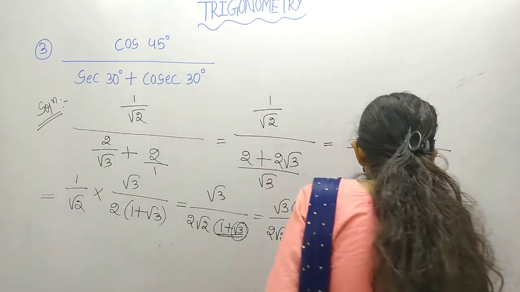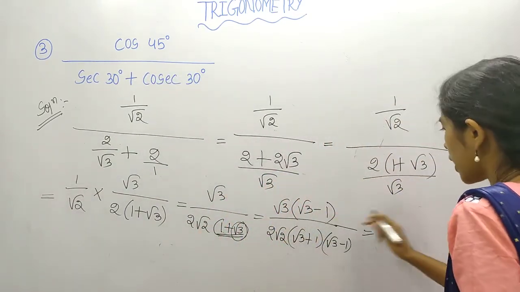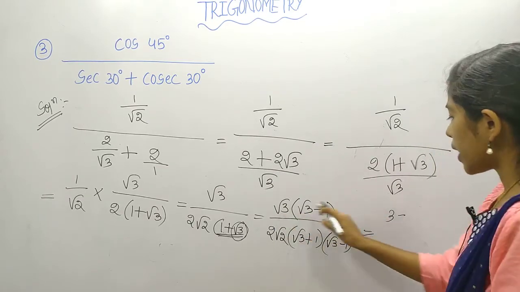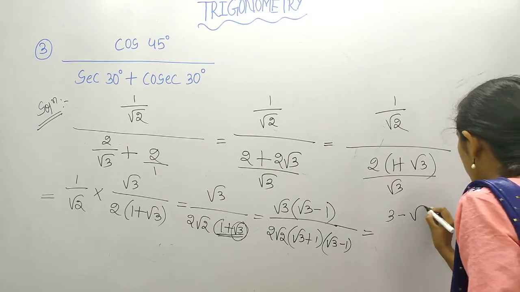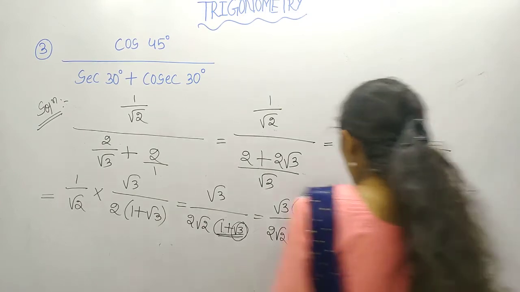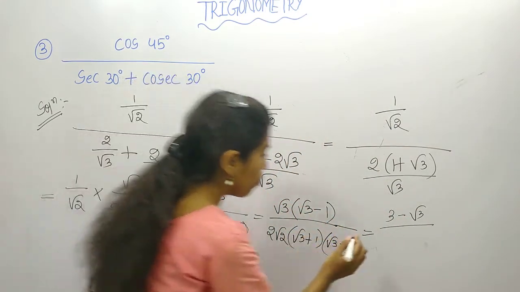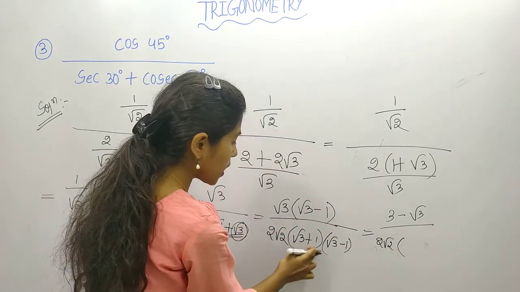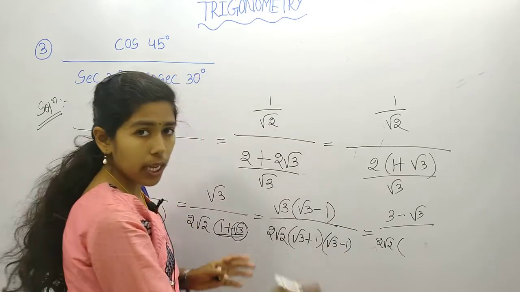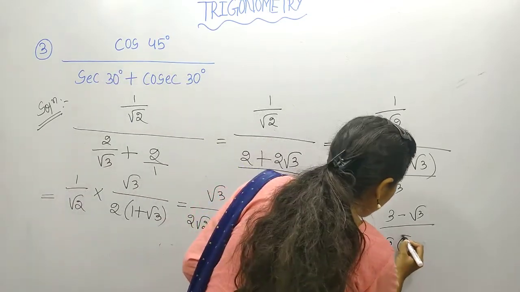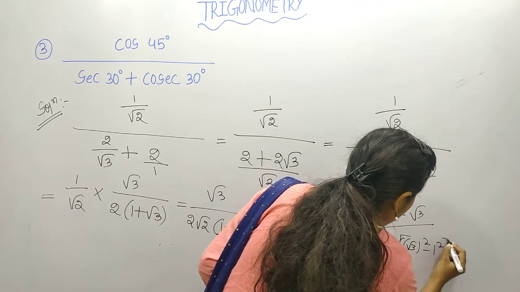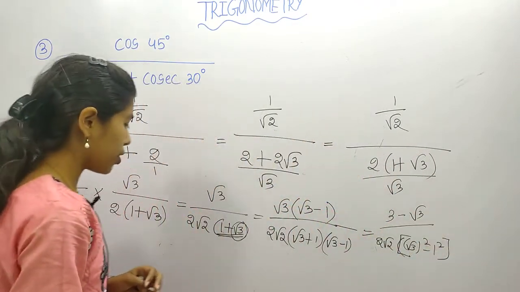Then here you see root 3 into root 3. Root 3 into root 3 is 3, minus root 3 into 1 is root 3, divided by, here you see, 2 root 2. 2 root 2 into a plus b into a minus b is a square minus b square. It means root 3 square minus 1 square, a square minus b square.